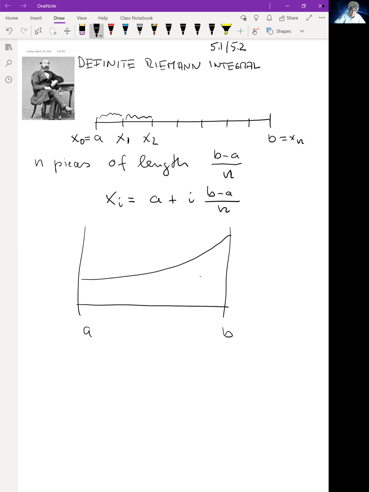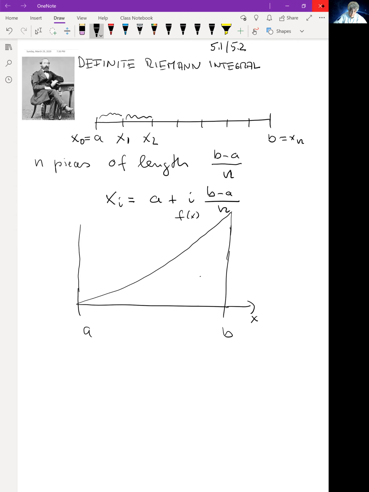Nah, that's not a good function. It's a terrible function, f of x. Let me try it again. So that is my function f of x. So f of x is given. Now, how do I compute the area between the x-axis and the graph?